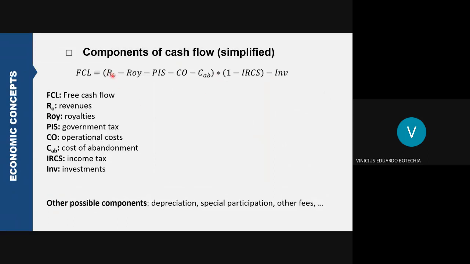Here we have the revenues and discount royalties, government fees, operational costs, abandonment costs, other government taxes, investments, and so on. The other possible things you can put in your cash flow are depreciation, special participation, under fees, etc.